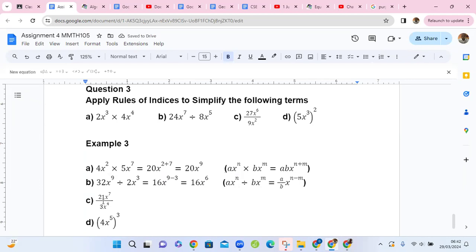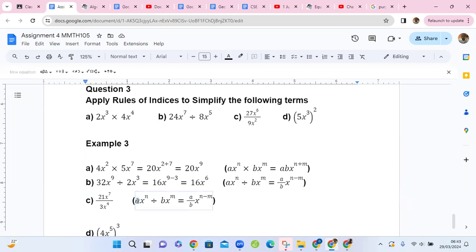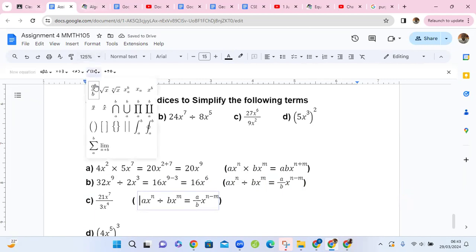Here, for part C, is similar to part B. We are dividing. However, the division is represented differently. The division is represented as a fraction.